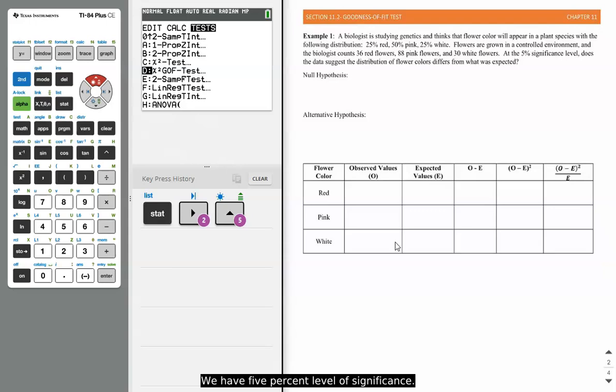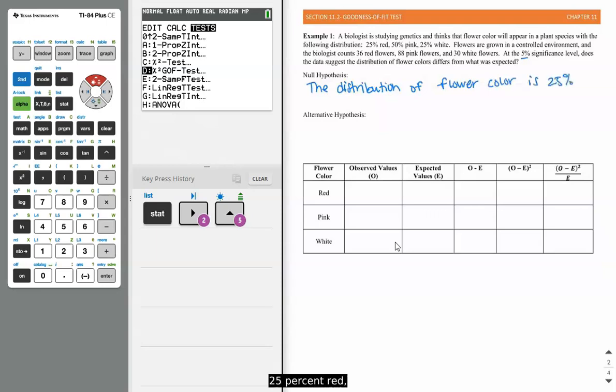Okay, so we have a 5% level of significance. Our null hypothesis is that the distribution of flower color is, and we basically say what they told us, 25% red, 50% pink, and 25% white.